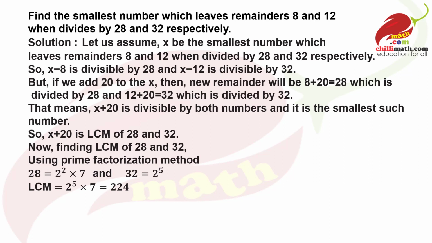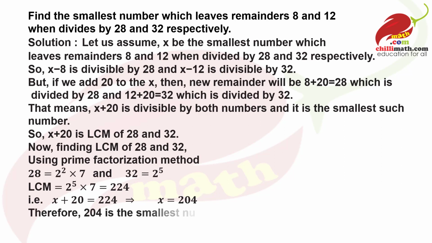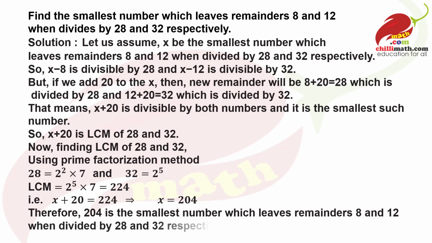LCM equals 2 power 5 times 7 equals 224. That is, x plus 20 equals 224. It implies x equals 204. Therefore, 204 is the smallest number which leaves remainders 8 and 12 when divided by 28 and 32 respectively.